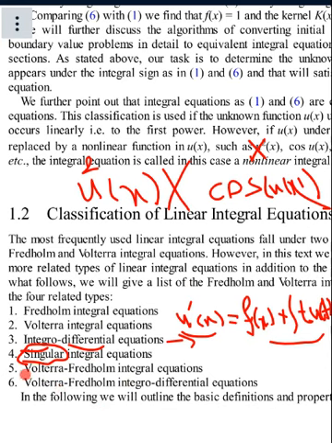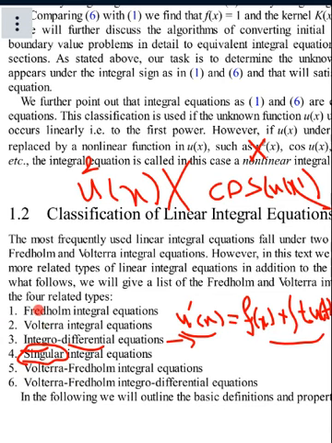The next class or type of integral equations are Volterra-Fredholm integral equations. If you compare this name with the first two names, you can see that in this case we have the mix of the first case and second case.